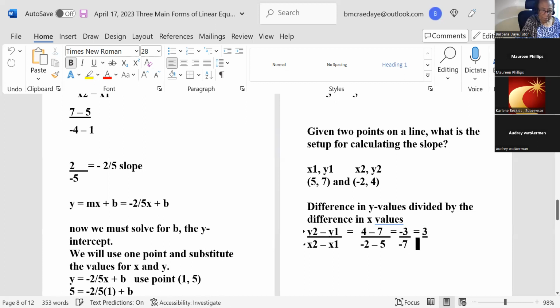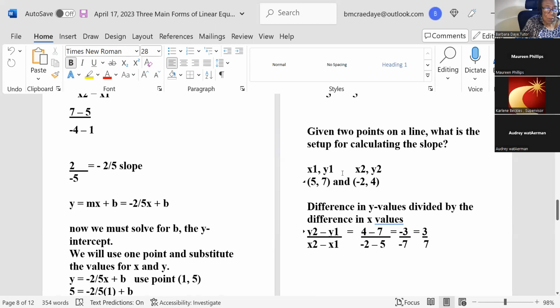Audrey, is that clearer? Yes. Okay, so that's what I'm saying, Audrey. If you label these, see how I labeled them? X1 is a 5, Y1 is a 7. X2 is a -2, and Y2 is a 4. Then once you have the Y2 minus Y1 difference over X2 minus X1, then it's just a matter of picking out based on your labels.